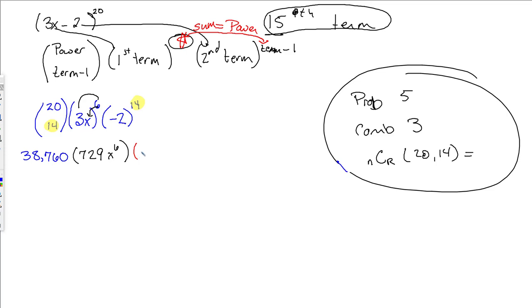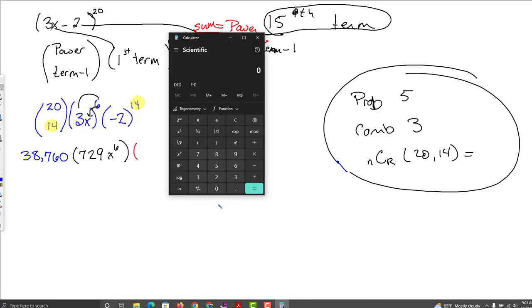No, it should be a negative. So negative 2 to the 14th power is 16,384.